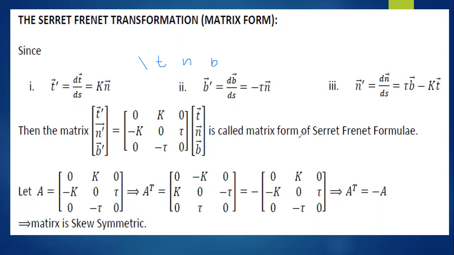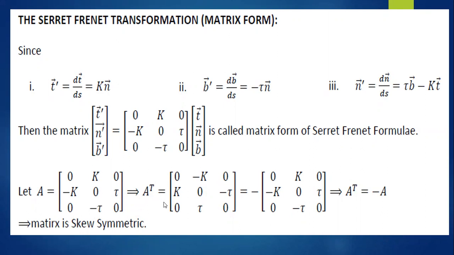This is called the matrix form of the Serret-Frenet formula. Let A be the matrix with rows 0, kappa, 0; minus kappa, 0, tau; 0, minus tau, 0.